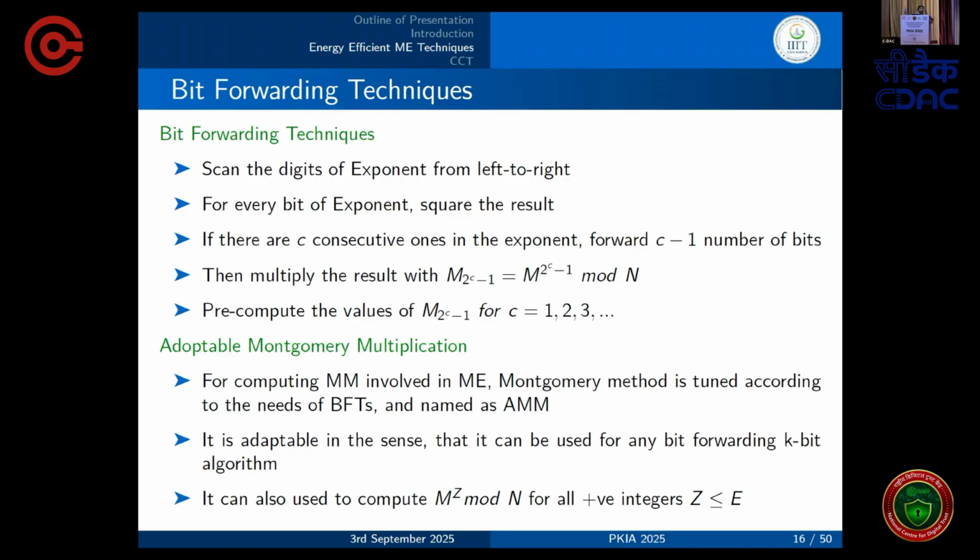In bit forwarding techniques, we check for consecutive ones. For example, if there are two consecutive ones, we delay the multiplication at the first bit and perform the multiplication at the second bit only. Normally, with two ones, we perform one square operation followed by one multiplication at each bit, that is, two squares followed by two multiplications.